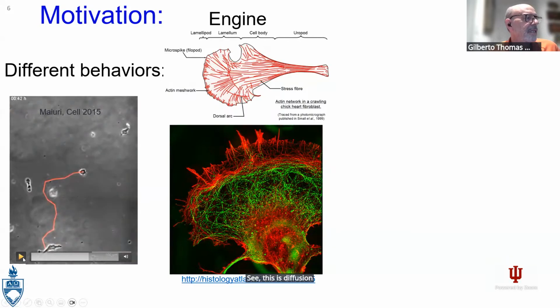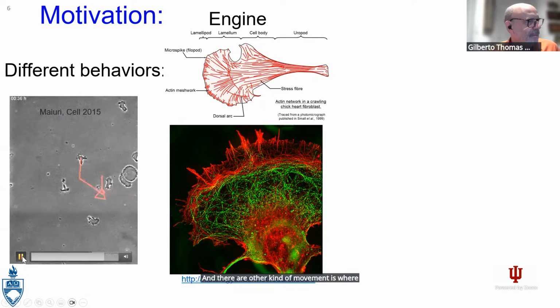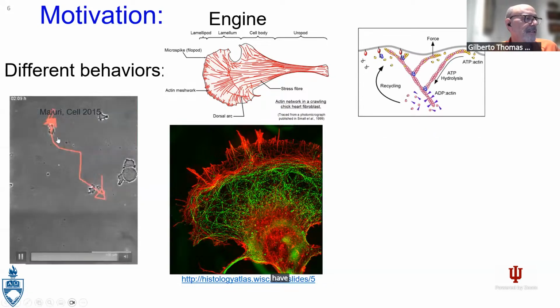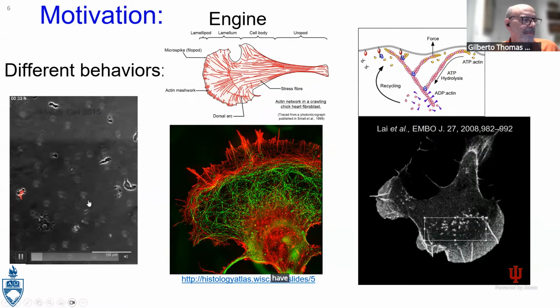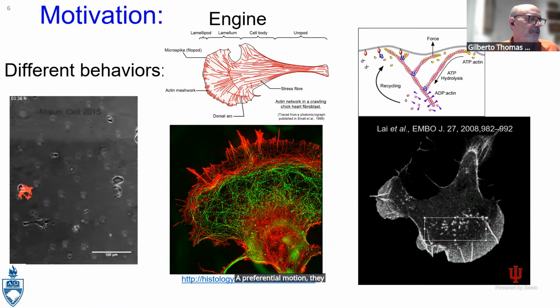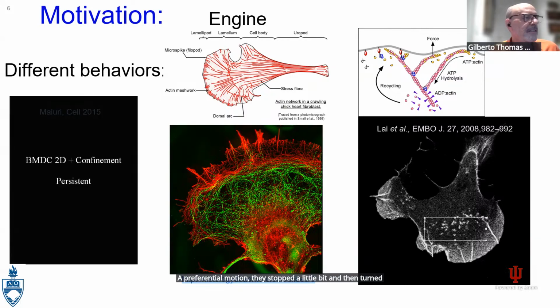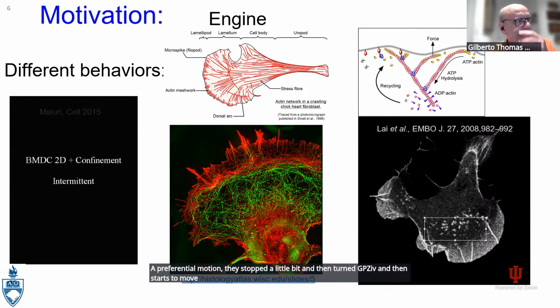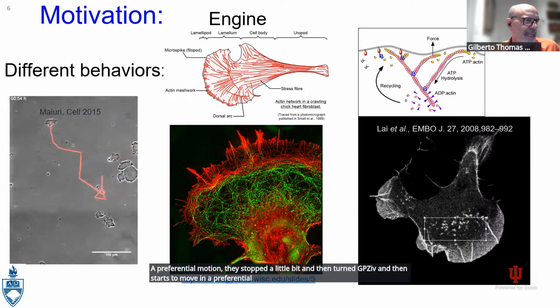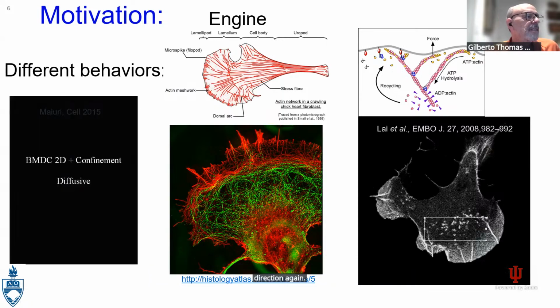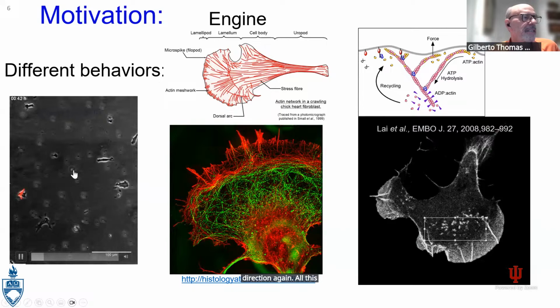Here, in the persistent one, the cell goes somewhere. And in another kind of movement, the cell has a preferential motion, then stops a little, turns diffusive, and then starts to move in a preferential direction again.